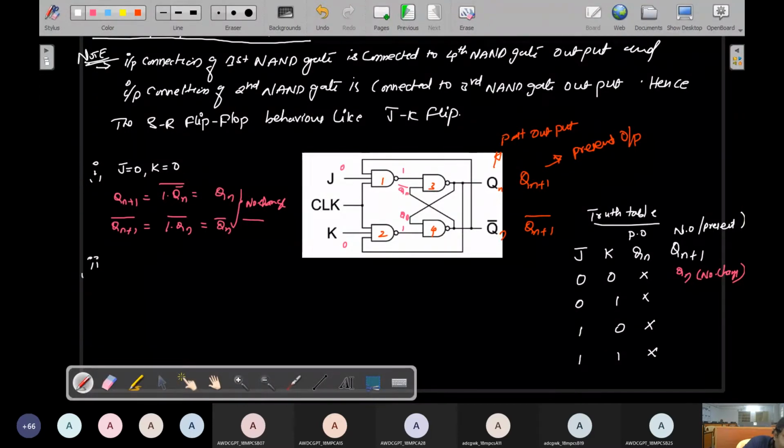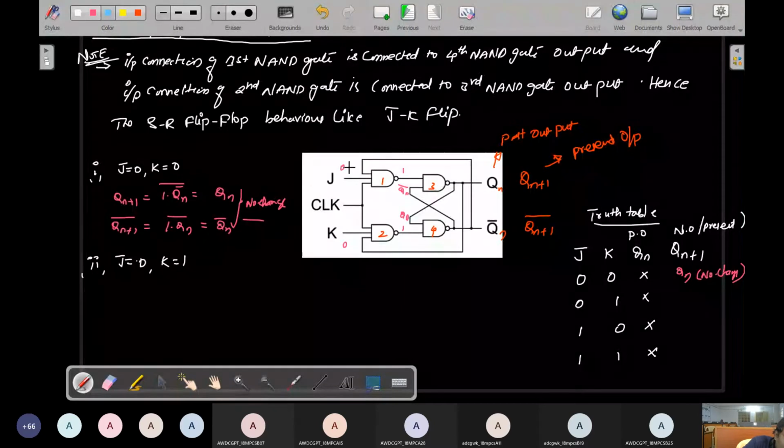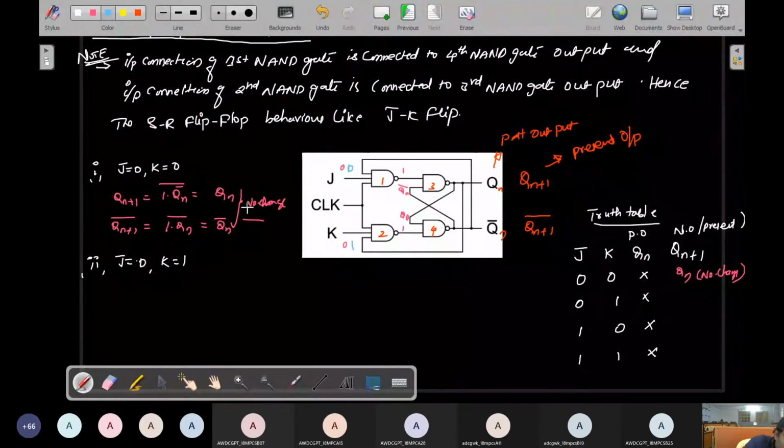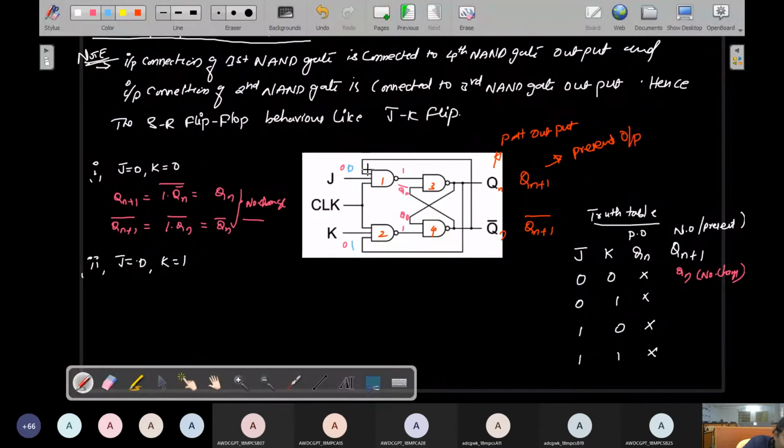Second case: J is equal to 0 and K is equal to 1. So simply take J equal to 0 and K equal to 1. If any one of the inputs is 0, what will happen? Your NAND gate output is 1 only.